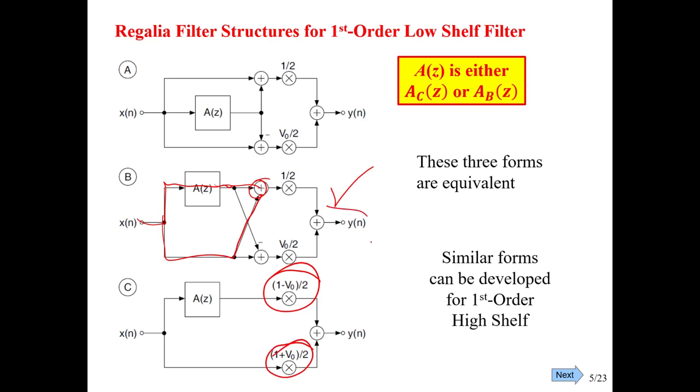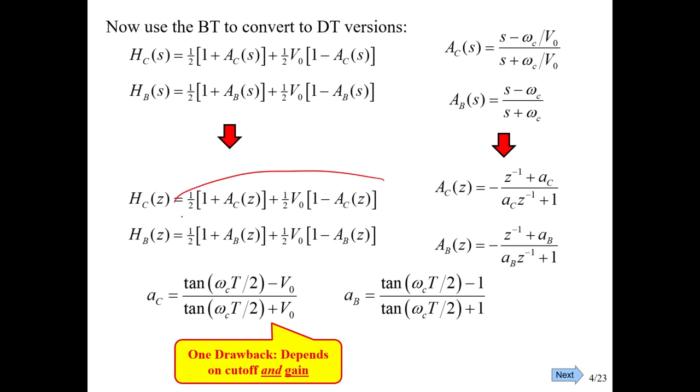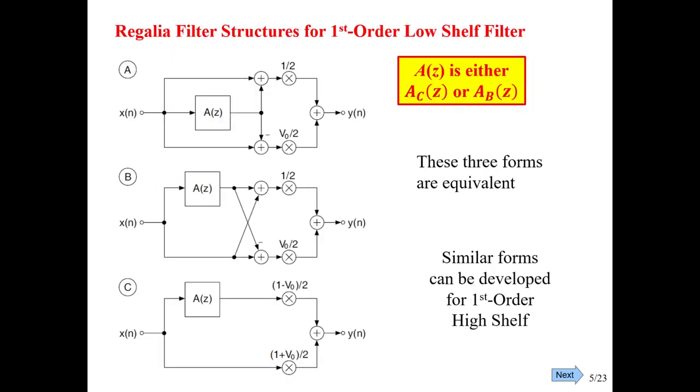So it's a little harder to see going from here, but I think if you spend a little bit of time, you can work your way through that. But you can also get there algebraically. Just come back here and try to manipulate that into a form that would show that. The advantage of this is there's no summations. We just run the signal through the filter and then we just multiply it by two things and then we add. So we get rid of the two adds.